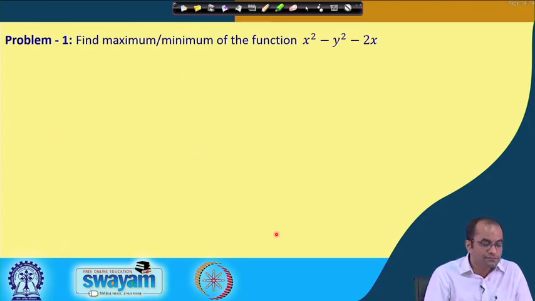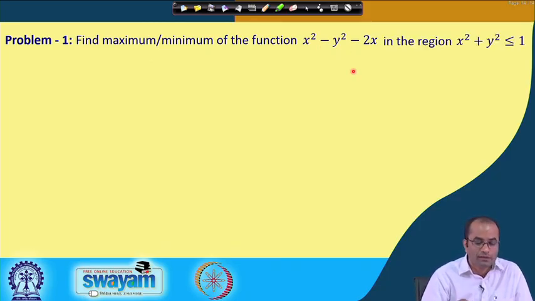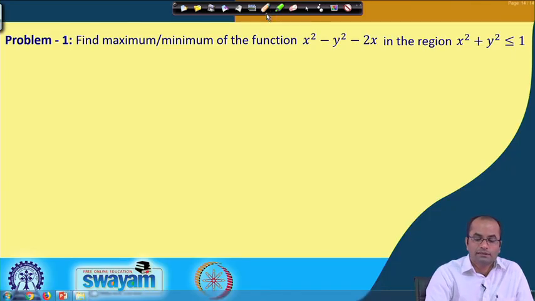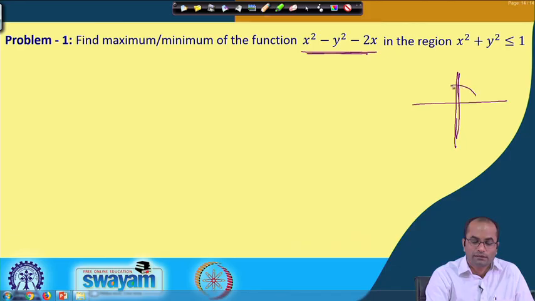We have to find the maximum and minimum of this function x square minus y square minus 2x in the region x square plus y square less than or equal to 1. So, this constraint is given: we want to find the maximum and minimum of this function under the constraint that x, y satisfies x square plus y square less than or equal to 1.